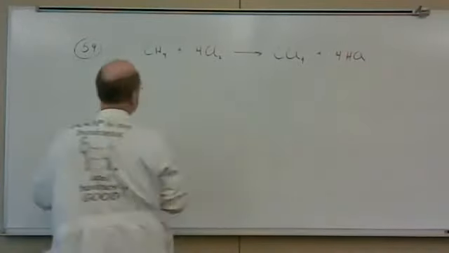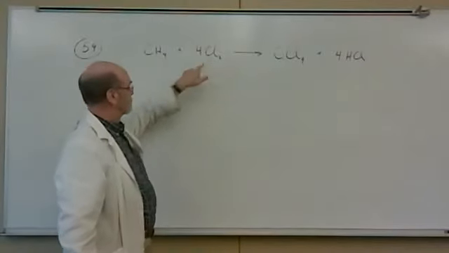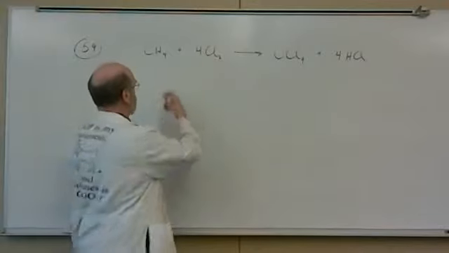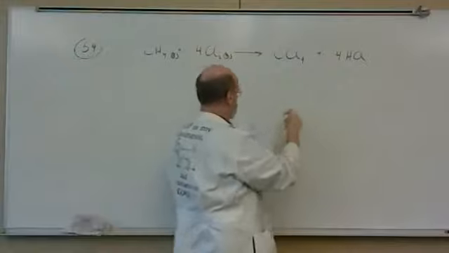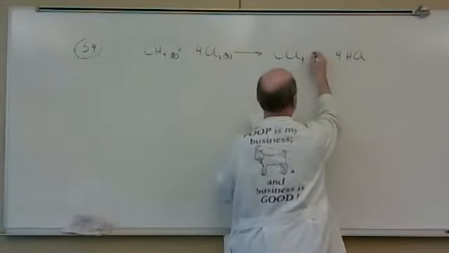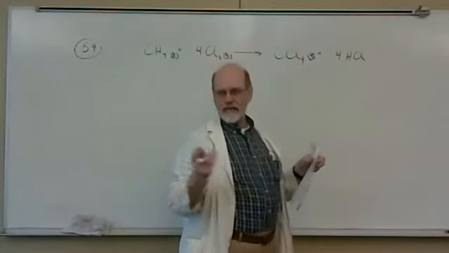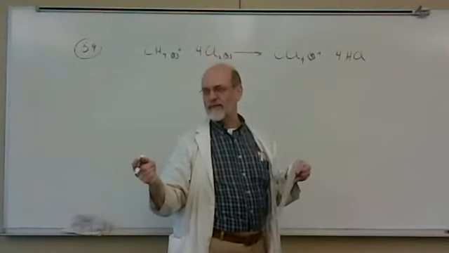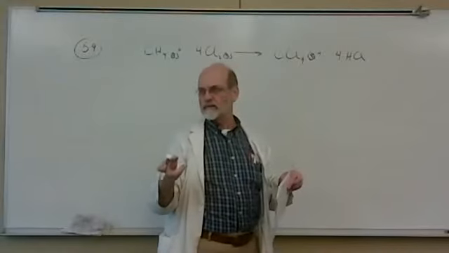Okay. So I'll tell you, this one's methane. That's chlorine. These are gases. How about this one? It's going to be a gas this time too. Name this compound. Extra credit. Didn't I give you all that one? Okay.